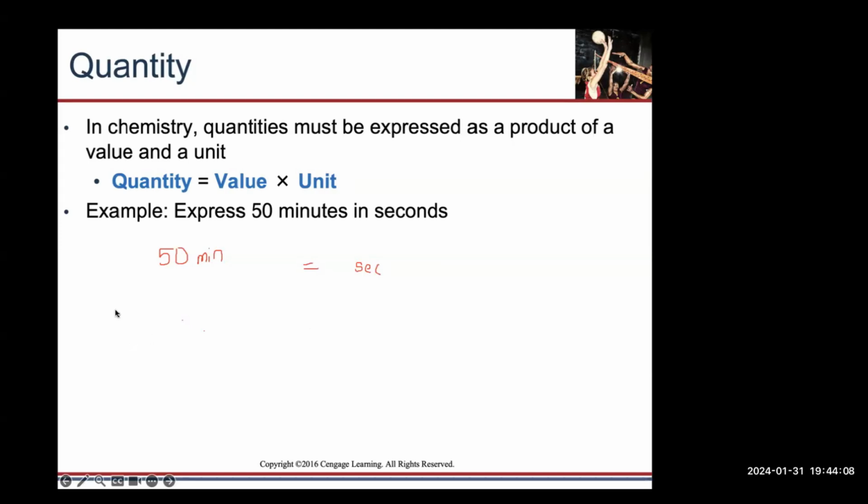Okay, so we know that for every 1 minute, that's going to be equal to 60 seconds.